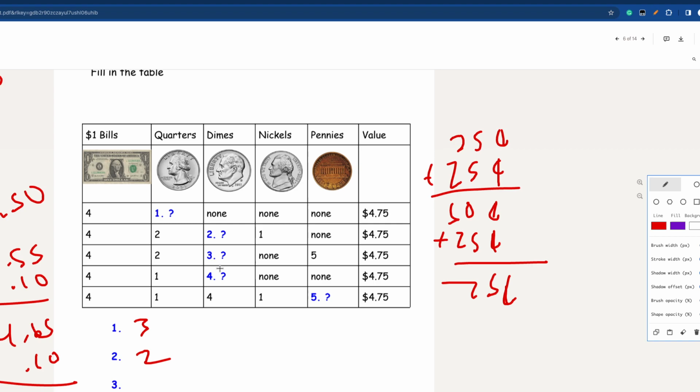And then there are no nickels, or no, there are pennies instead, 5 pennies. So we're adding 2 to that 50, so that equals $4.55. How many pennies did we have to add? Just like in the previous problem, we had to add 2. So 2 is going to be the answer for number three.